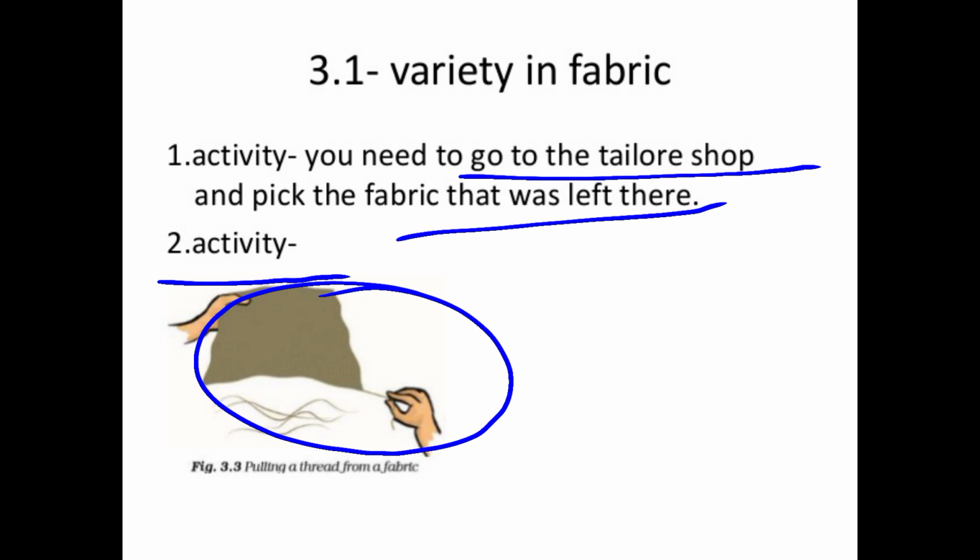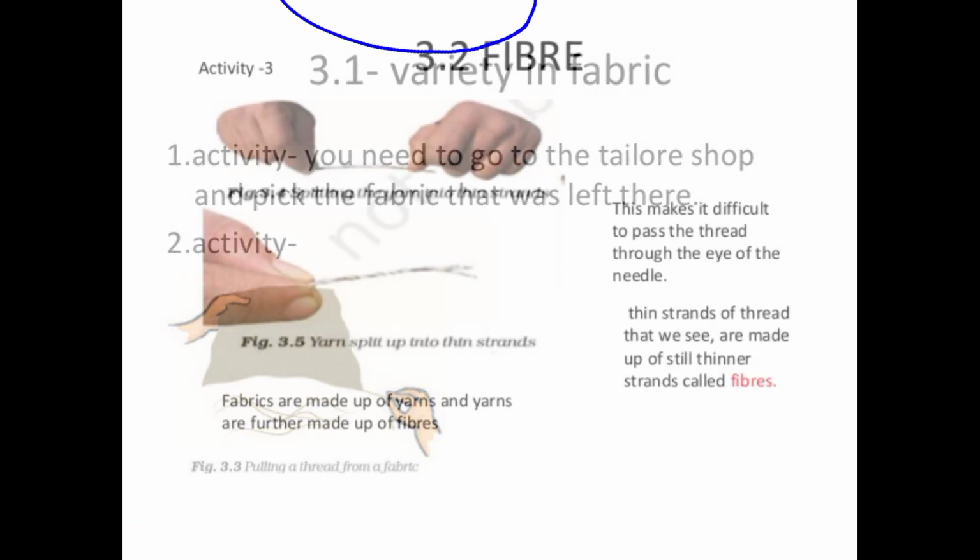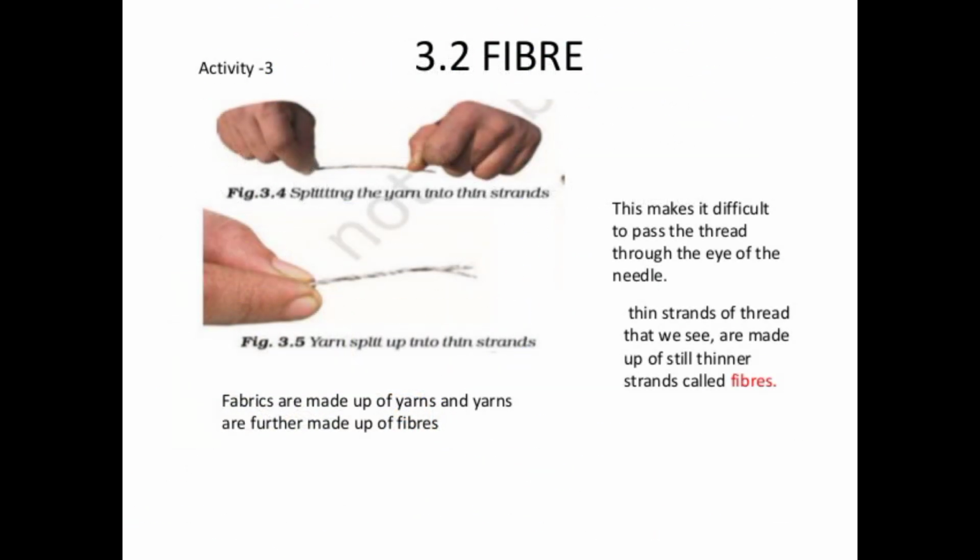You will come to know that the piece of fabric, or the fabric that we put on our body, is made up of thin threads, right? Technically these are called yarns.